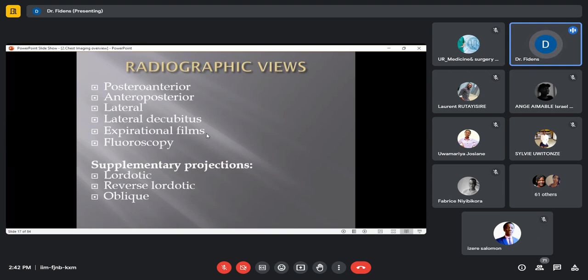The patient is sitting on a chair in front of the X-ray source, and the patient can change position, lying down in front, and now here the aortic view and the reverse aortic view expose some hidden areas, like posterior to the clavicles or posterior to some bones like ribs.